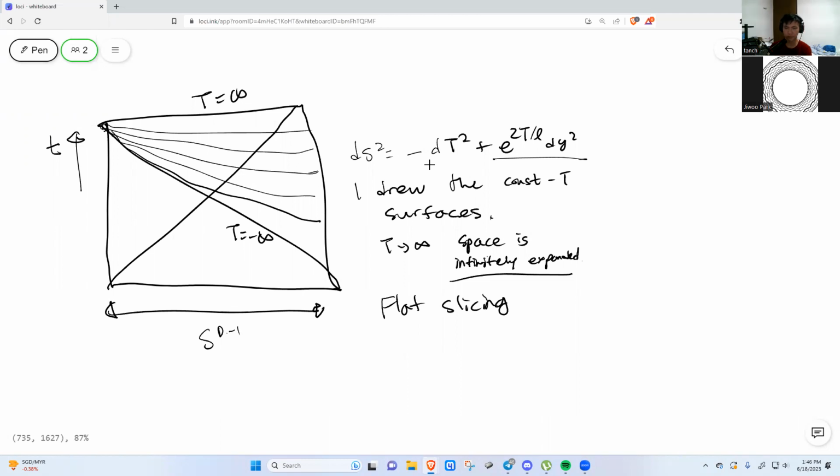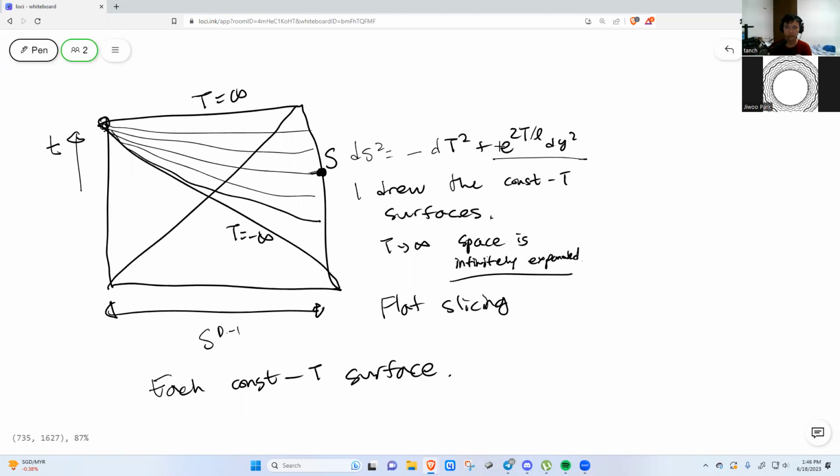The thing to note here is, let's look at each constant t surface and see how it works. The structure of each constant t surface basically contains the south pole, but is open over here at the north pole.